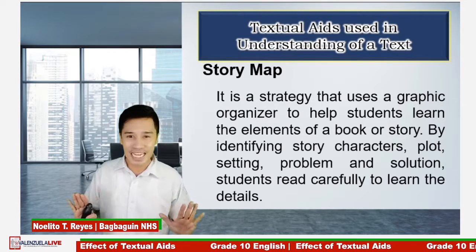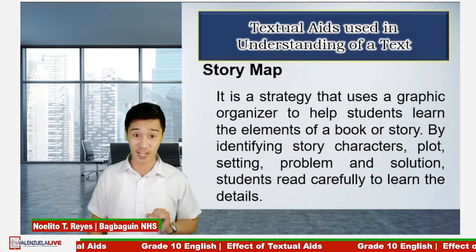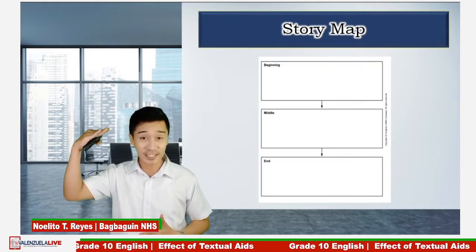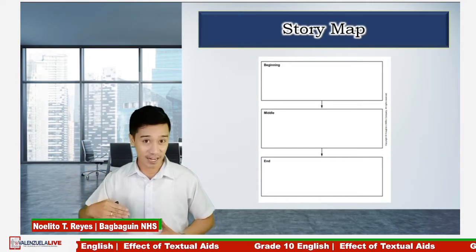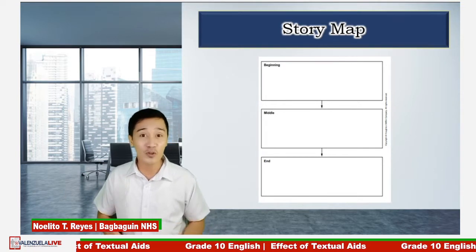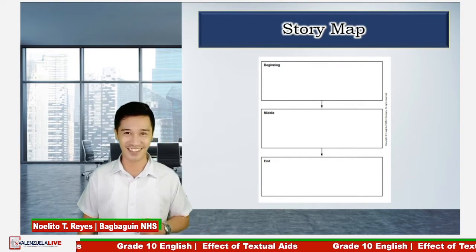There are many different types of story map graphic organizers. The most basic focus on the beginning, middle, and end of the story. More advanced organizers focus more on plot and character traits.